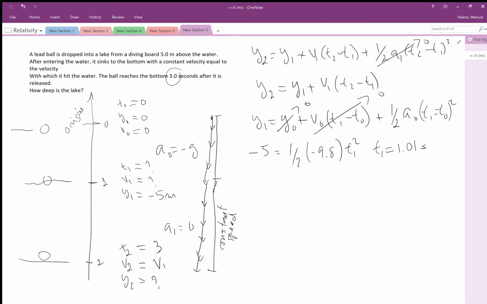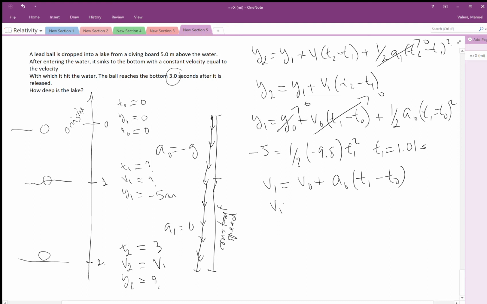So let's start by finding v1. v1 is equal to v0 plus a0, the acceleration in that segment, times (t1 minus t0). That's how I find the velocity here, right? So 1 becomes my final and 0 is my initial.